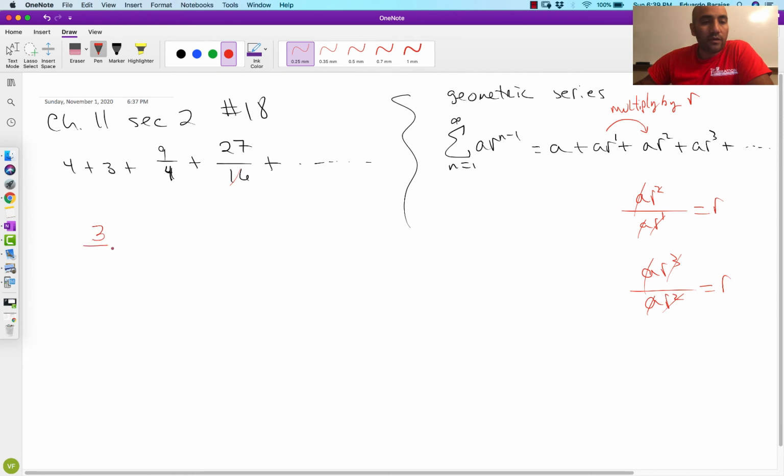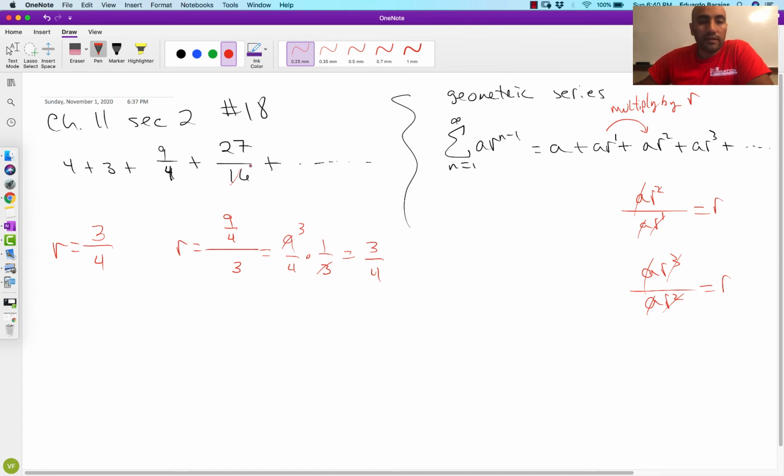So I'm going to do 3 divided by 4, that equals r. Or I could have also done r equals 9/4 divided by 3, which simplifies to 9/4 times 1/3, and then this cancels with that, giving me 3/4. I also get r that way.